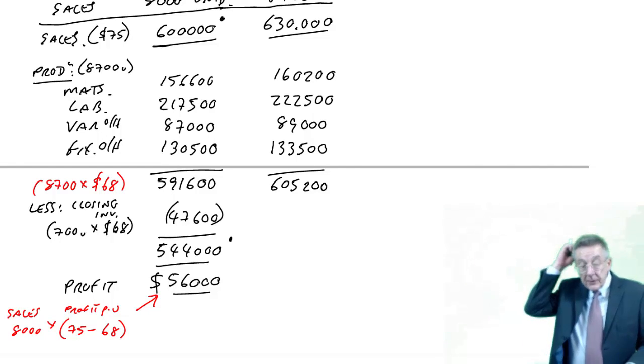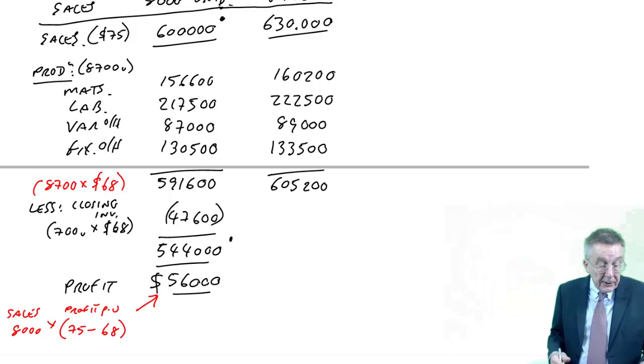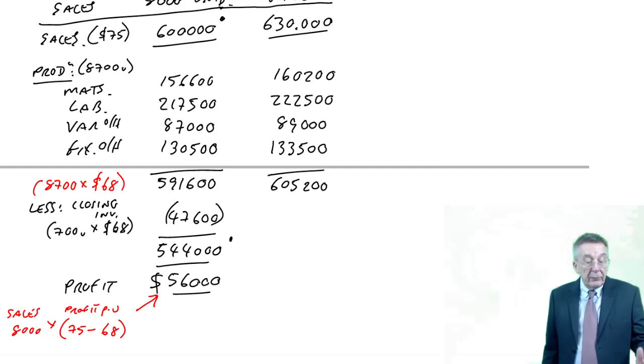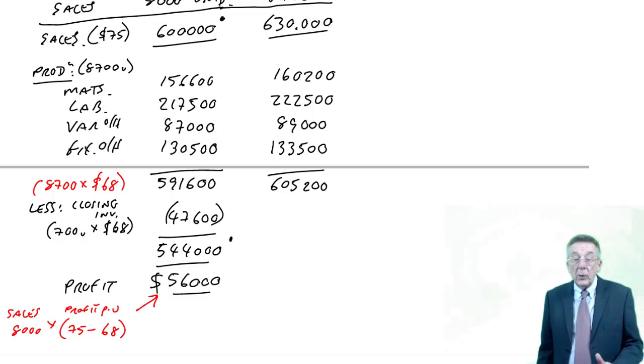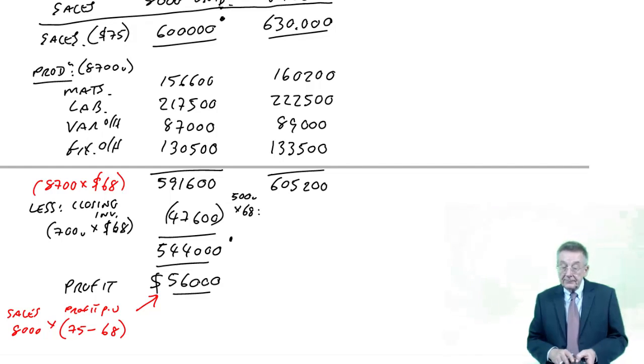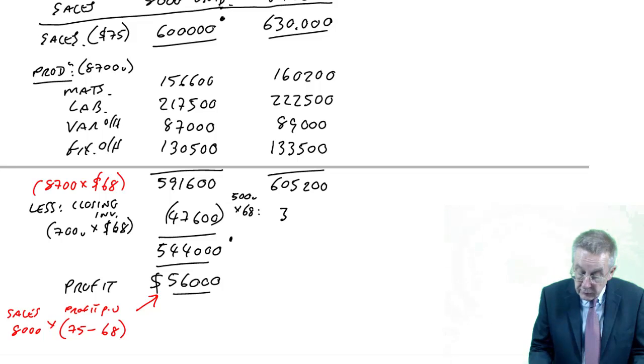That's the cost of the 8,900 produced. To get the cost of the 8,400 sold, we need to subtract again the closing inventory. But here, if we produce 8,900 and sell 8,400, the closing inventory is 500 units and at standard cost of 68, 34,000.